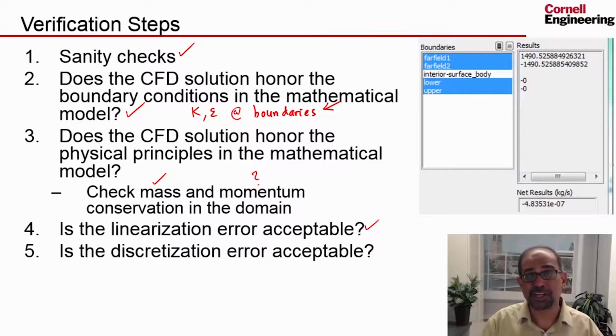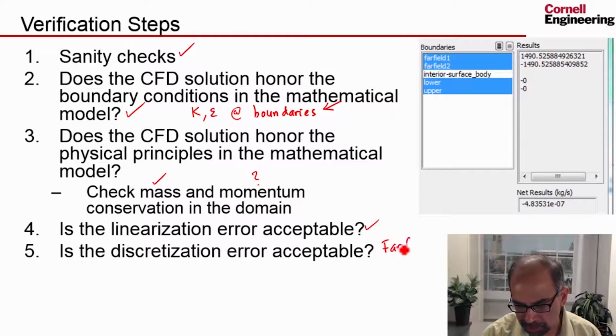It's something that is easy to overlook, and I've seen students getting very unphysical results because they put their boundaries too close to the object. If you look at the NASA website and look at their meshes, they go out to 500 chord lengths, and we have gone up to only 12.5 chord lengths. So checking the effect of the far field boundaries is something that one needs to do.